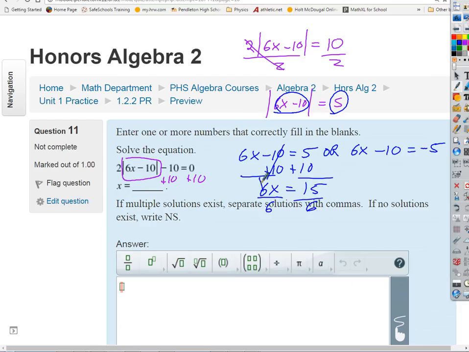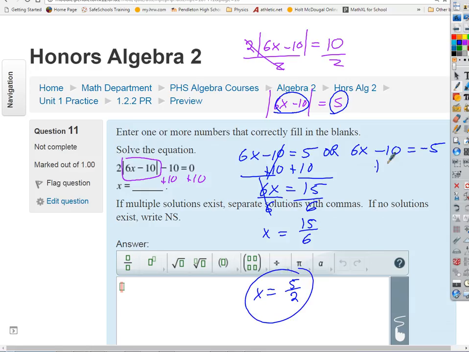Divide by 6. And so I get x equals 15/6. That can be reduced. 3 goes into 6 and 15 both. So I can make that x equals 3 goes into 15 5 times, goes into 6 twice, and now I can no longer reduce that. So there's one simplified answer.